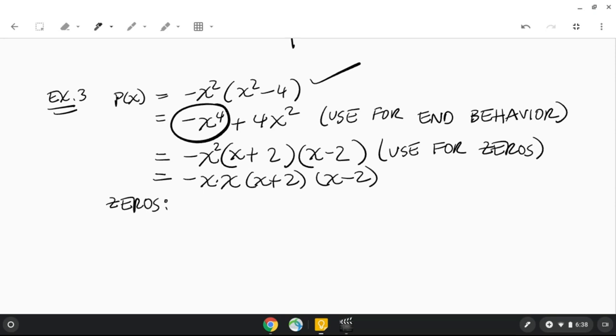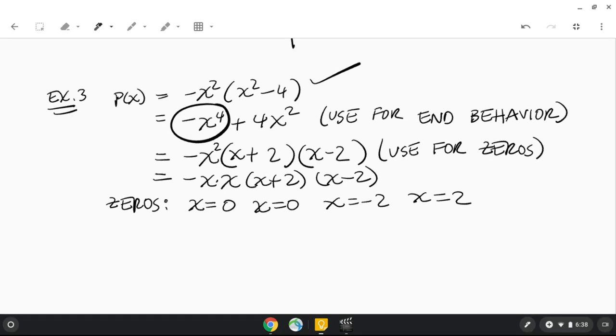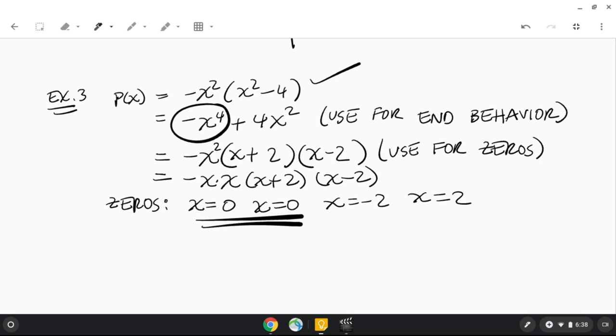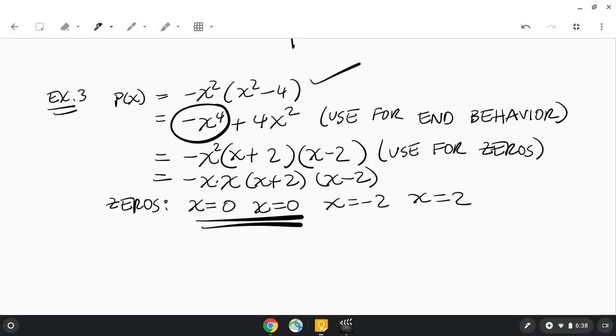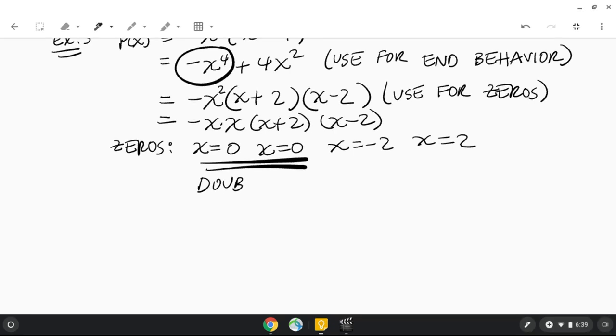It's x equals 0, x equals 0 again, x equals -2, and x equals +2. So this time you can see that x equals 0 is a repeating zero. So that's where the graph becomes a little more interesting. We're going to pay attention to what happens when you have repeated, what we call double zeros. So double zero, it's repeated twice.